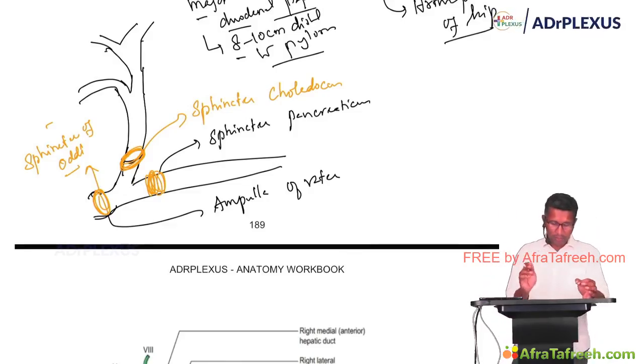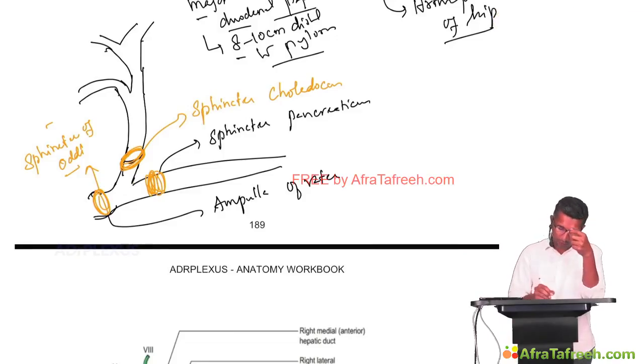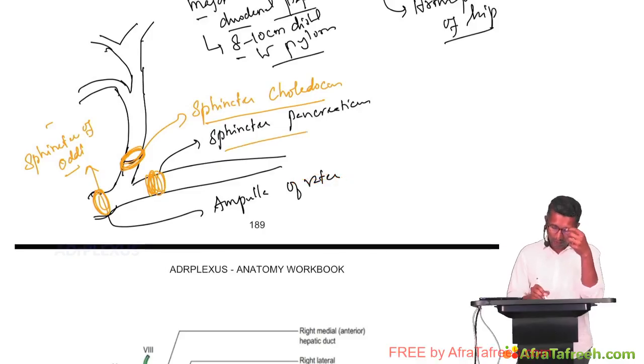So please remember, the lower part of the bile duct is surrounded by the sphincter choledochus. The lower part of the pancreatic duct is surrounded by the sphincter pancreaticus.